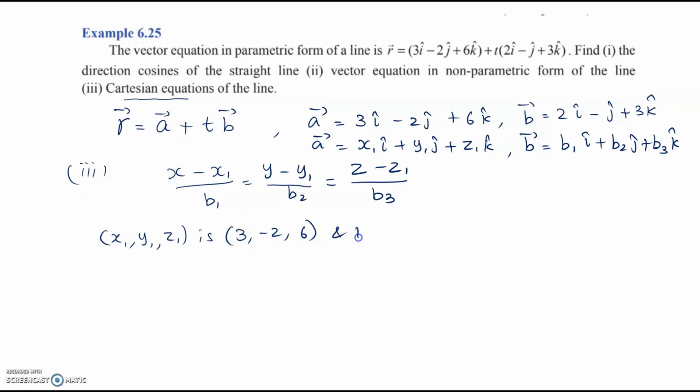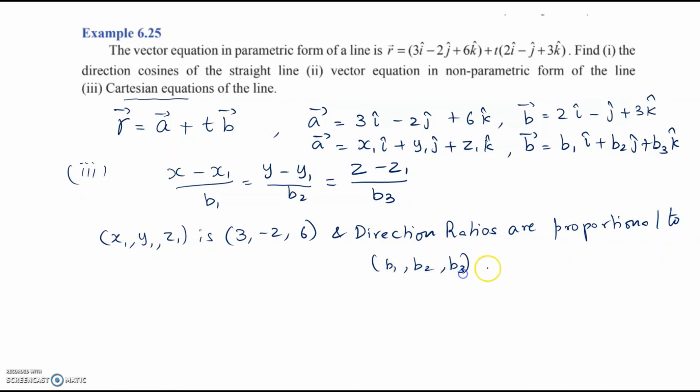And the direction ratios are proportional to our b1, b2, b3, which is 2, minus 1 and 3.